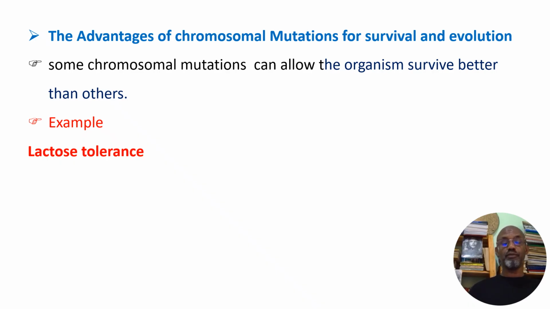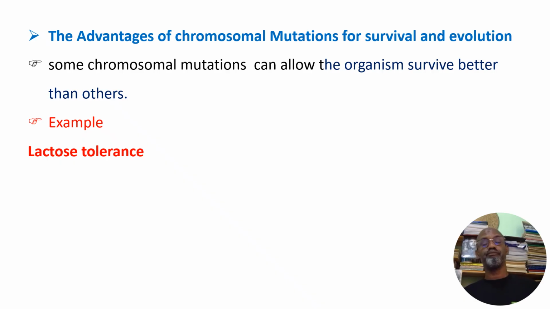But in course of evolution, in course of time, humans developed a mutation, a change in the genetic mechanism that produces lactose digesting enzymes, so that the gene that produces the enzyme will remain active even in the adult after weaning. Weaning means to stop feeding milk.